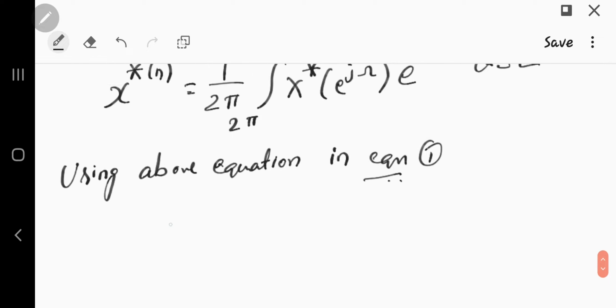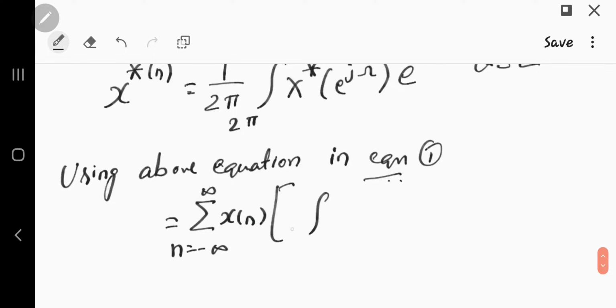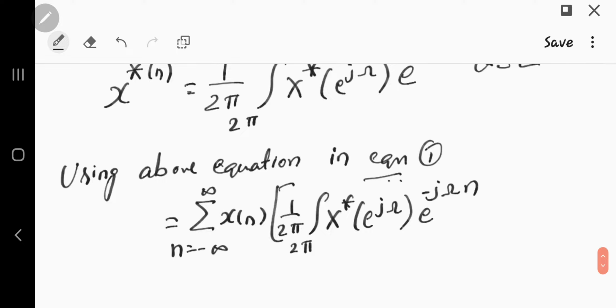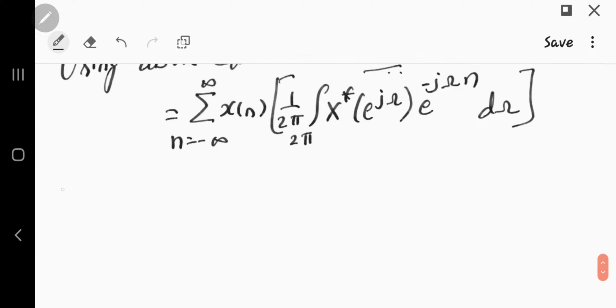We get 1 by, I think I forgot the summation here, summation n is equal to minus infinity to plus infinity x of n. Now I am replacing x star of n with this term, 1 by 2 pi integral of X star of e power j omega e power minus j omega n d omega. Okay.